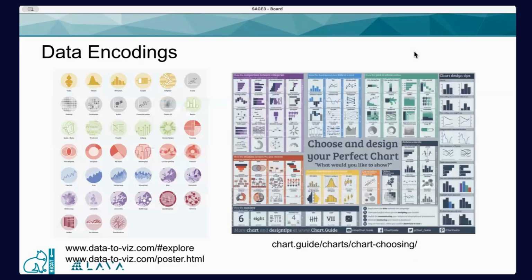There are obviously a lot of different charts in general, and these are just 2 more examples of tools that will help you choose different visualizations. And again, you can get these slides from the Sage one.